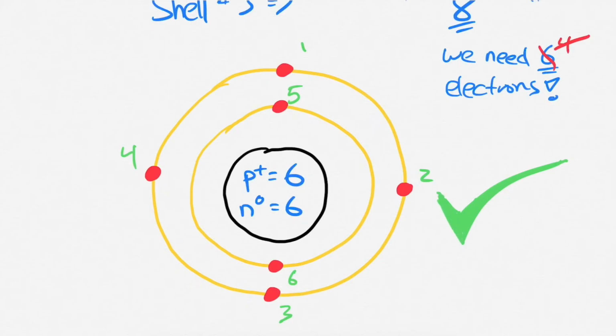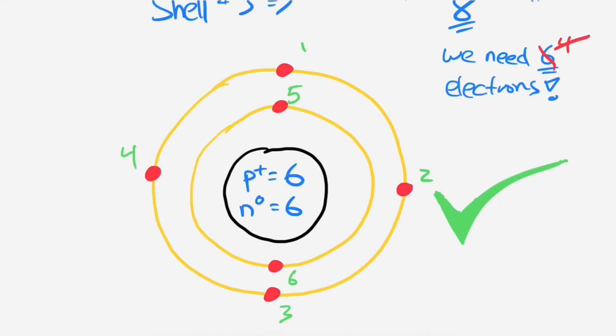And the reason that we're drawing these and taking so much time, that's a terrible check mark, is because these are going to help us understand how different atoms bond together. And it turns out that one of the most important things is going to be the number of electrons in the outer shell.